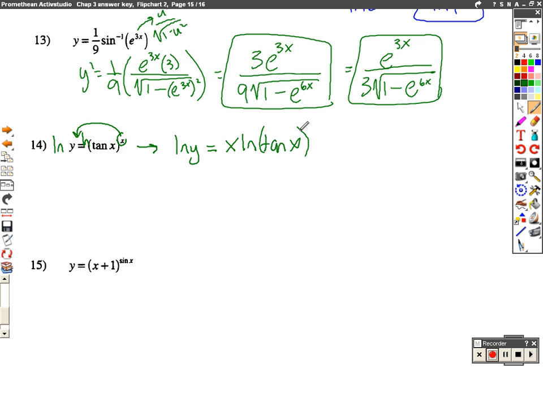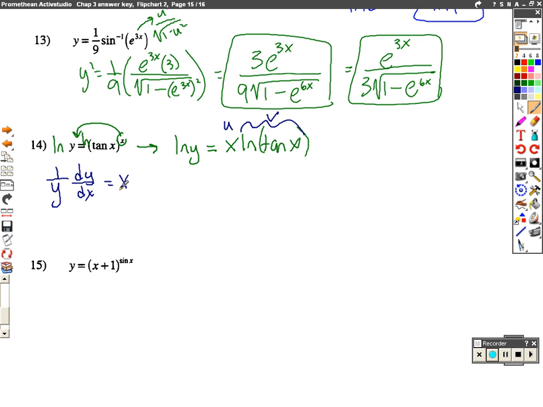Alright, now that we have it in this form, we no longer have a variable to a variable power. So we can take the derivative of this implicitly. The derivative of the ln of y is 1 over y, but I just took dy dx equals. This becomes a product rule, u, v.